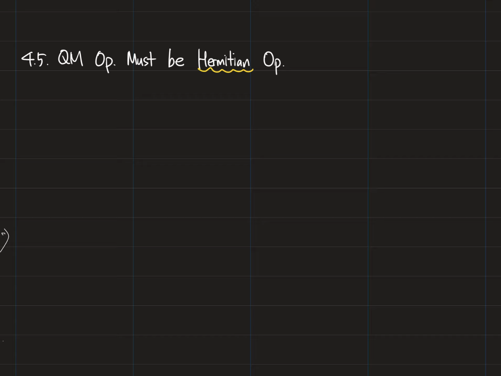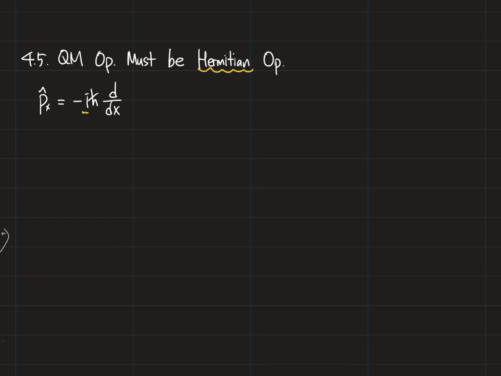If you think about the form of the wave function or the operator, they can be mathematically complex numbers, right? If you think of the momentum in the x direction, that is minus h bar d dx, so this contains the imaginary number.